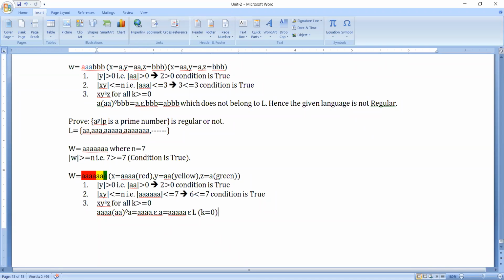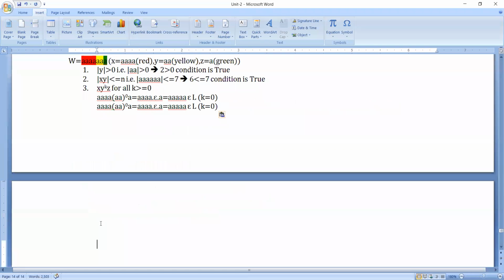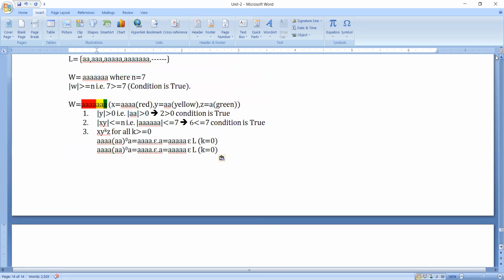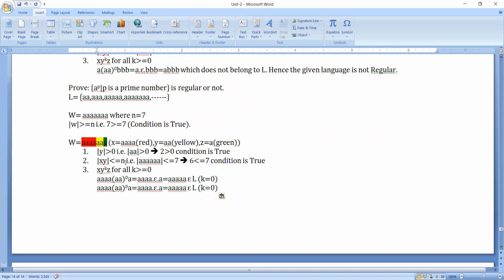Now we need to check the same for k is equal to 1 and k is equal to 2 also, because this condition has to be true for all k values. It became true for k is equal to 0.